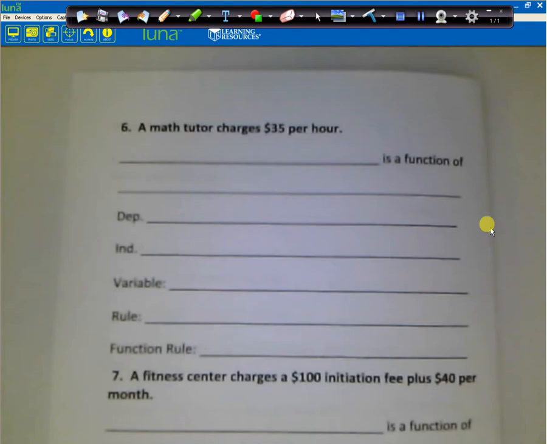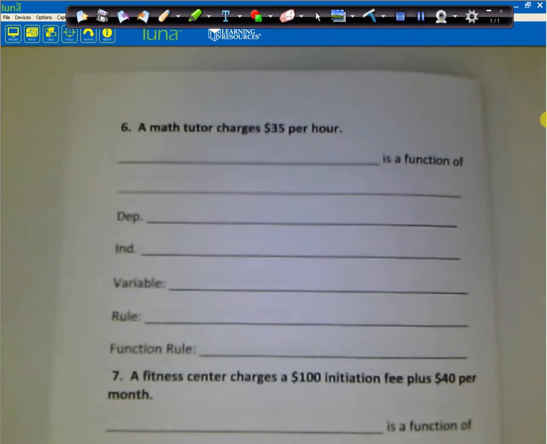All right, now we're going to look at number 6. Write the independent and dependent variables and write a rule in function notation for the situation. Those are our directions. We have a math tutor charges $35 per hour. So we don't know how much total, we know how much an hour they're going to charge. We don't know how much they're going to charge total. So we have to write a function in order to figure that out.